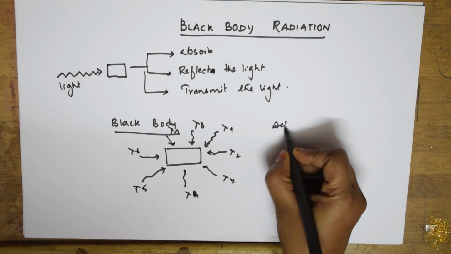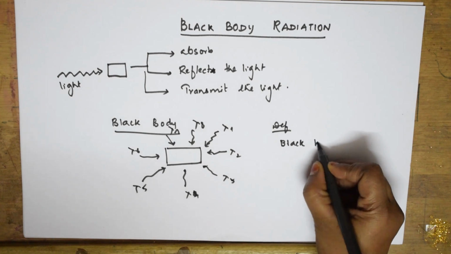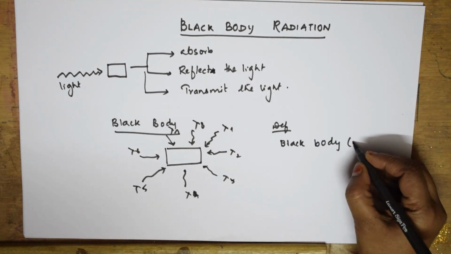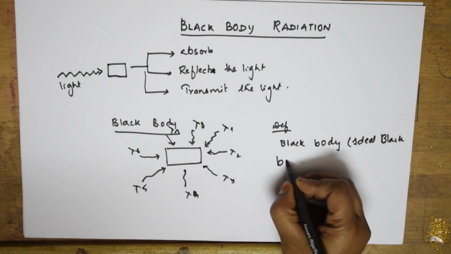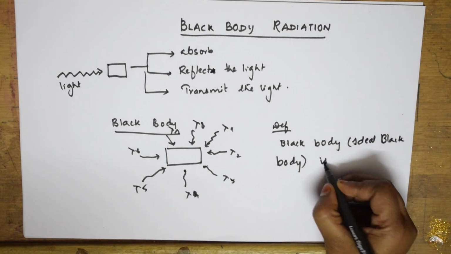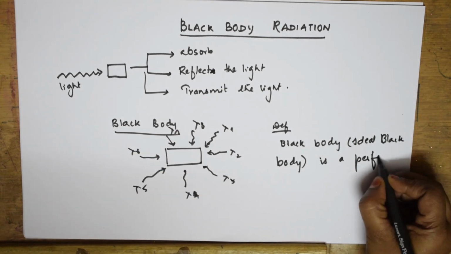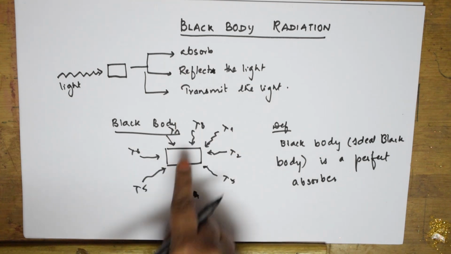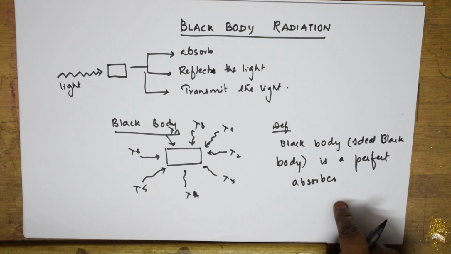Let us write the definition. An ideal black body, or a perfect black body, is a perfect absorber. It's going to absorb wavelengths of all the ranges perfectly.